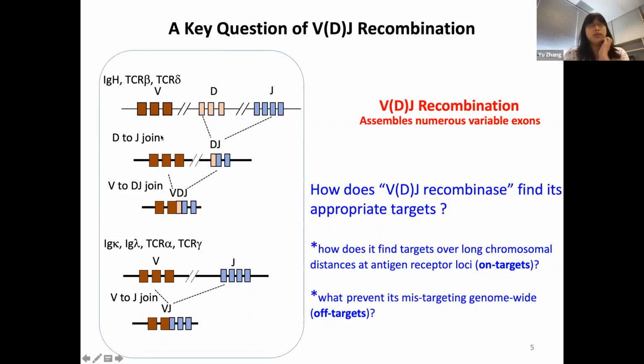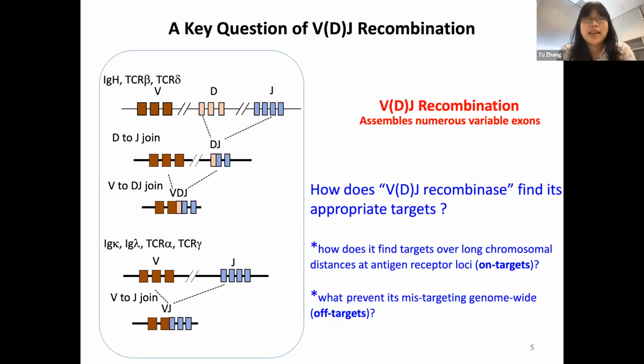In both human and mouse, there are seven antigen receptor loci. Three of them, including the immunoglobulin heavy chain locus, undergo ordered VDJ recombination that has a D-to-J join first, followed by V-to-DJ join. The four other antigen receptor loci do not have D segments and then undergo direct V-to-J join.